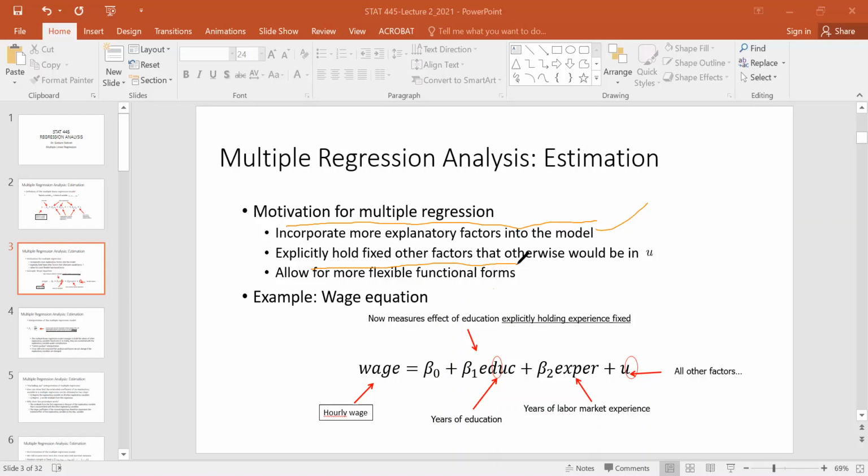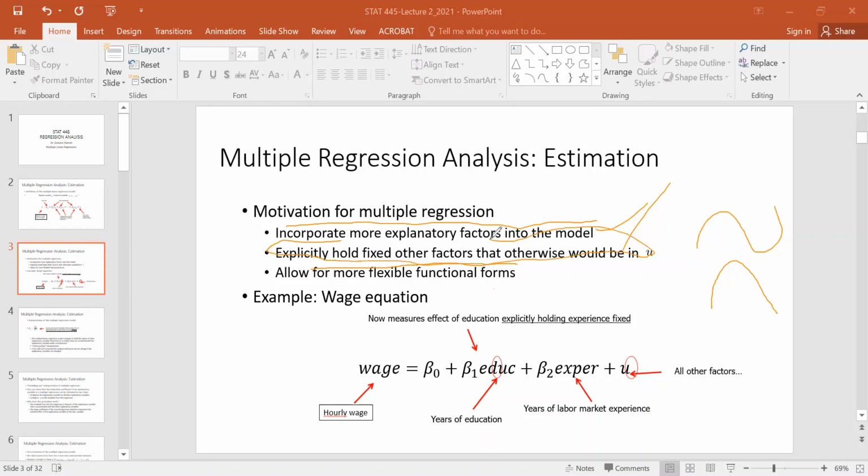So if you plot the data and you see that you need a polynomial or a quadratic function, multiple regression allows you to include other functions or other forms of the variables to capture the curves or non-linearity that the plotted data may be showing. We are also able to hold other factors fixed, and I will talk more about this in a minute.